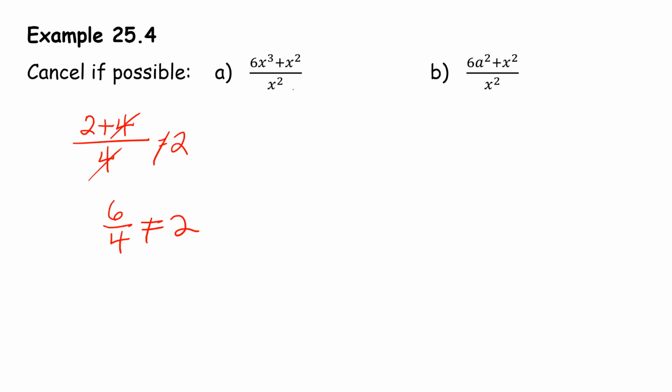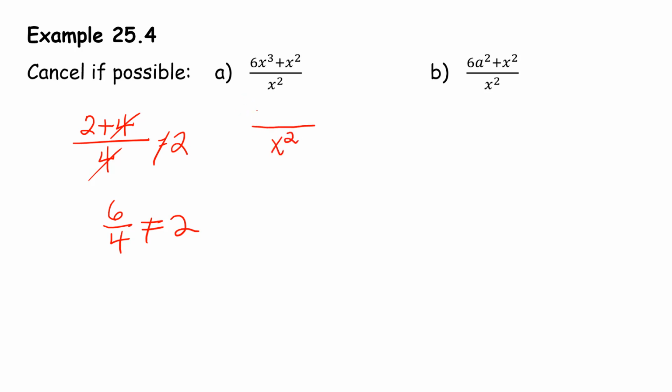Okay, but we can see that every term in the numerator actually has a factor of x squared. So if we factor the numerator, we will be able to cancel. So the numerator, if you look at the 2 terms, you've got 6x cubed plus x squared. Both of those terms have an x squared factor. So I'm going to rewrite the fraction.